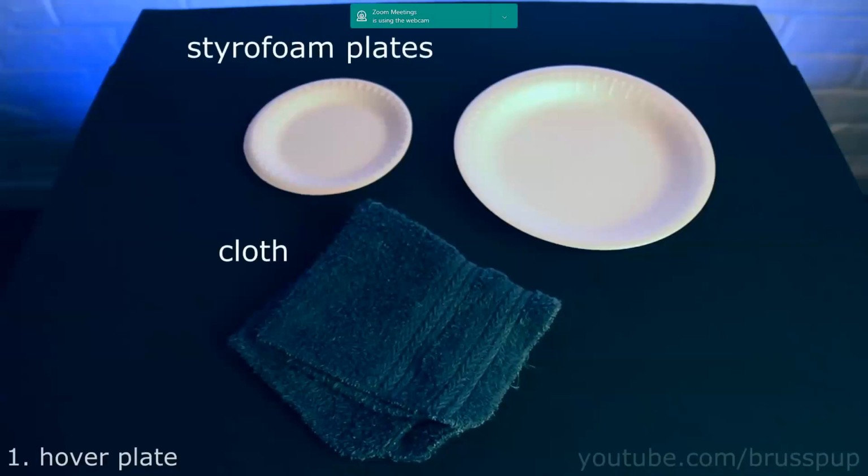See, she's going to do something. Then I'll ask you, we have three processes: one is by friction, by conduction, by induction. So you have to tell me what happened exactly there. So we have two styrofoam plates. You must be seeing these food cup plates and a cloth.